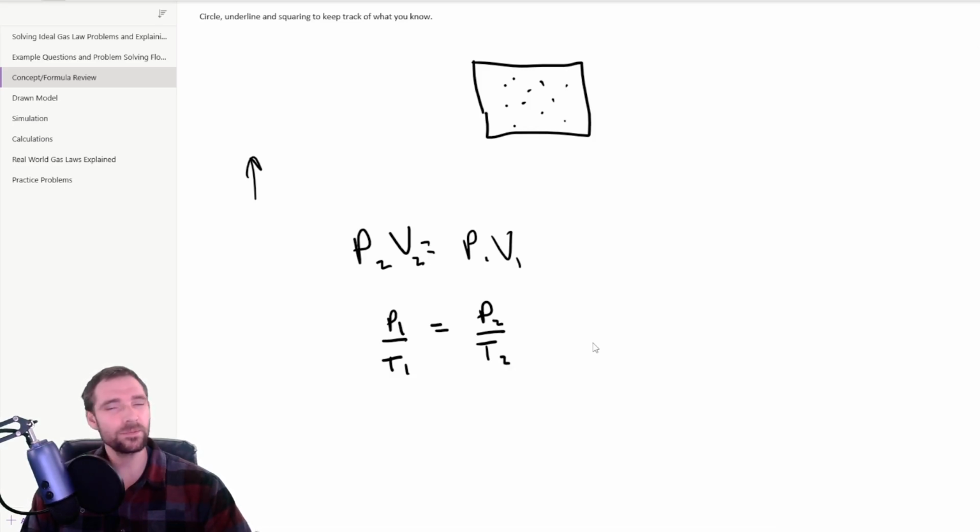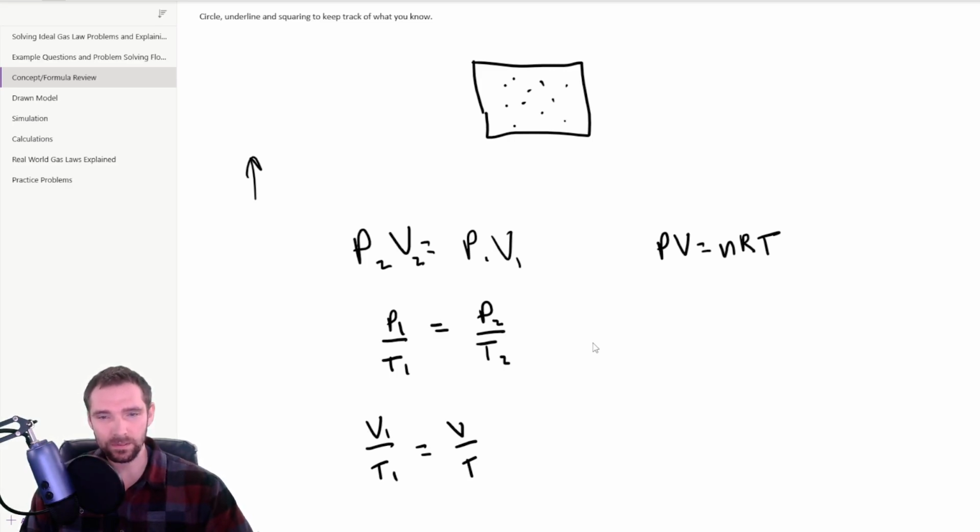Sometimes chemistry teachers will save this for the very end, but I think it's good to start with this. We're really equating everything through the same equation right here. All of these different things are essentially the same formula, just rewritten slightly differently. And you can see how they're very, very similar.